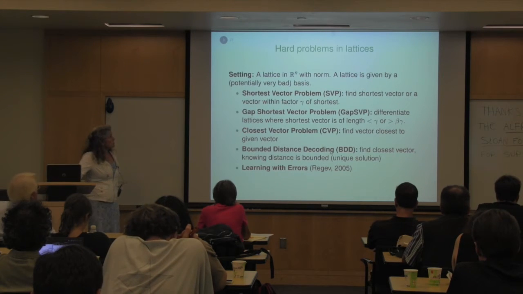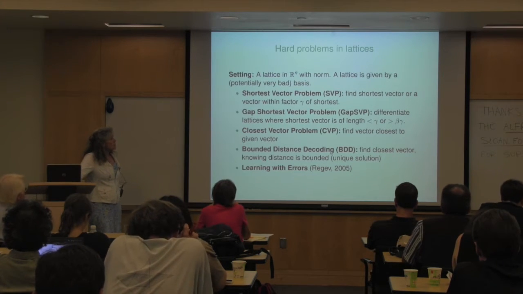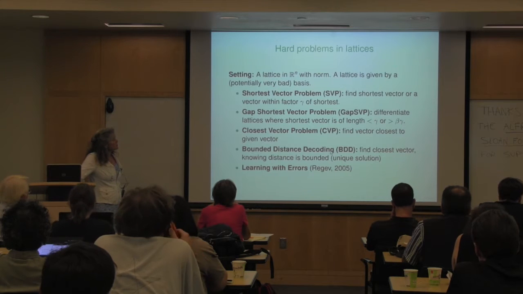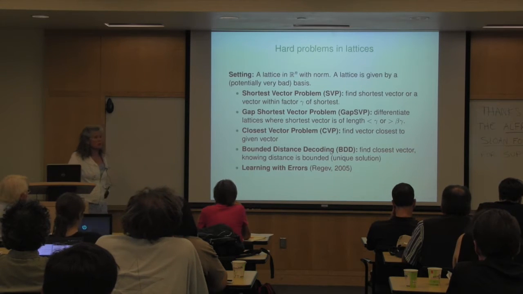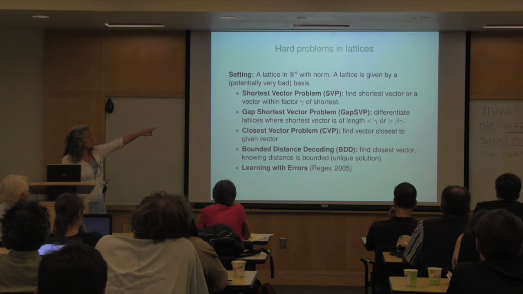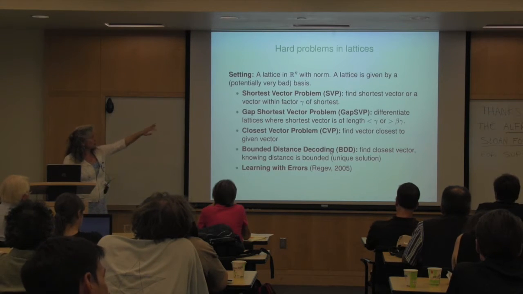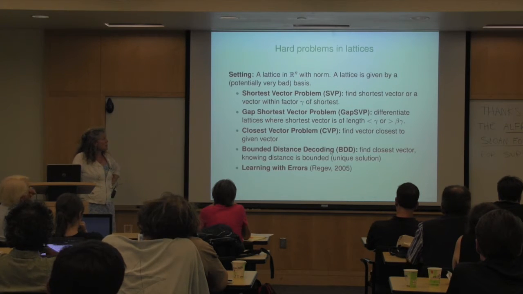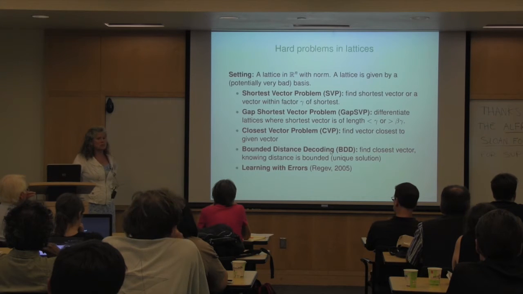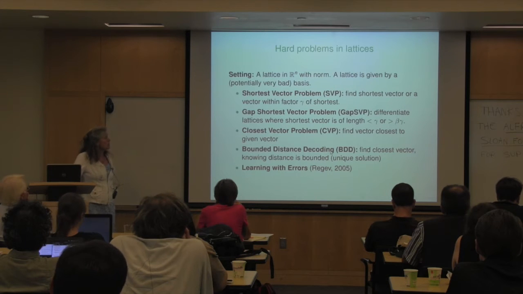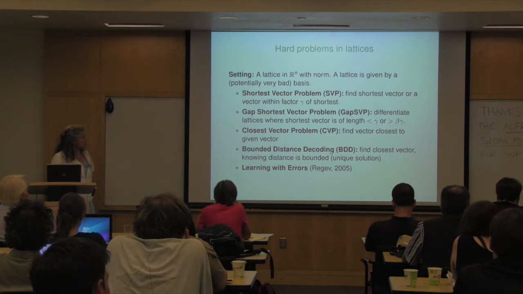Summarizing and partly intersecting with what Daniele said this morning, this is just a snapshot, a selection of some of the problems that Daniele mentioned this morning, things that are very well known, like the shortest vector problem and the approximate versions of that. If you had SVP sub gamma, like the notation he was using this morning, the gapped shortest vector problem, as he said, is not actually finding the shortest vector in a lattice, but being able to decide whether it's greater than or less than a certain value.